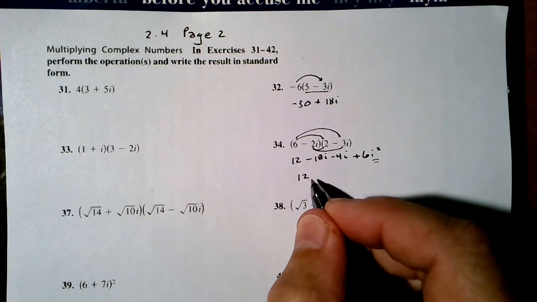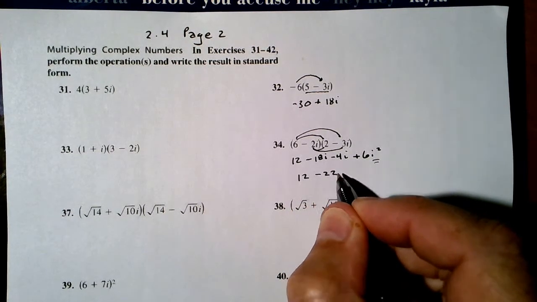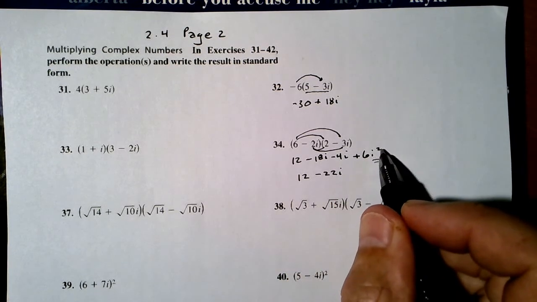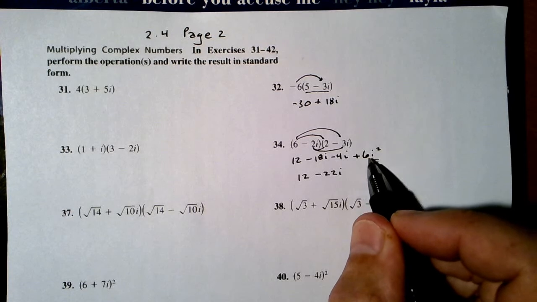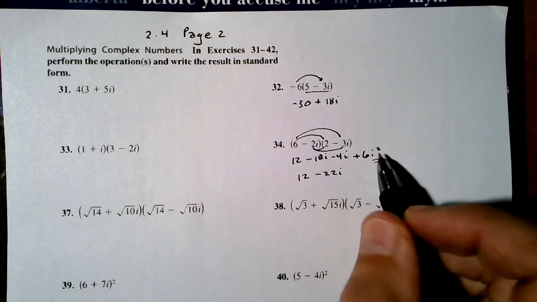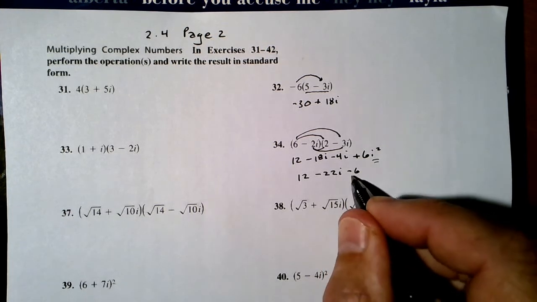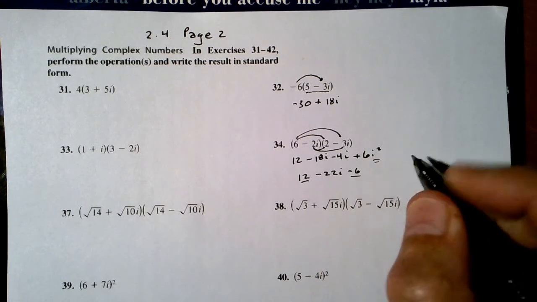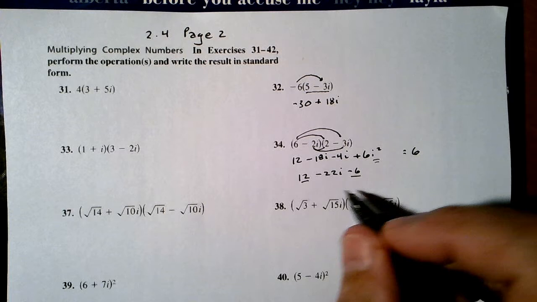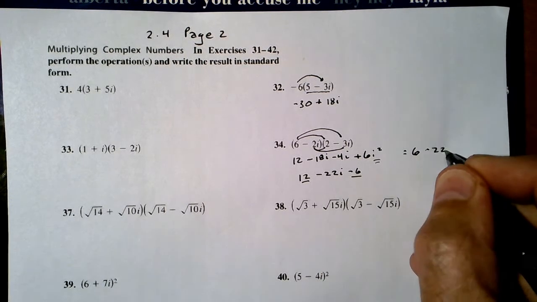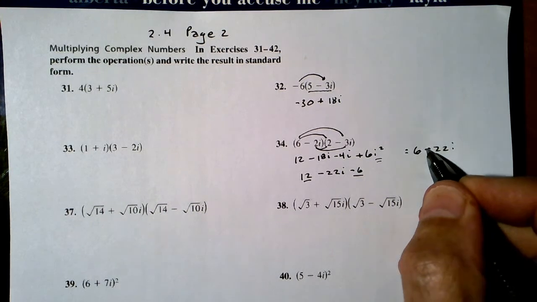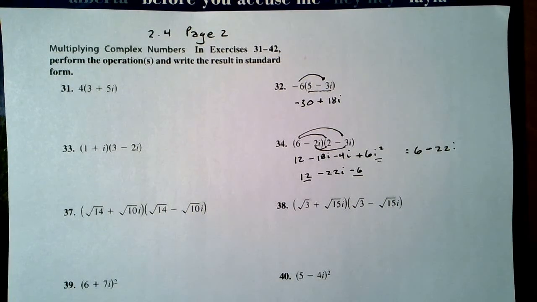This is 12 minus 22i's, just treat it like it's an x, but if i is squared, that's -1, so this is 6 times -1 minus 6. Combine the real parts, 12 minus 6, 6, and there's a minus 22i. Terrible minus sign, and there we have it.